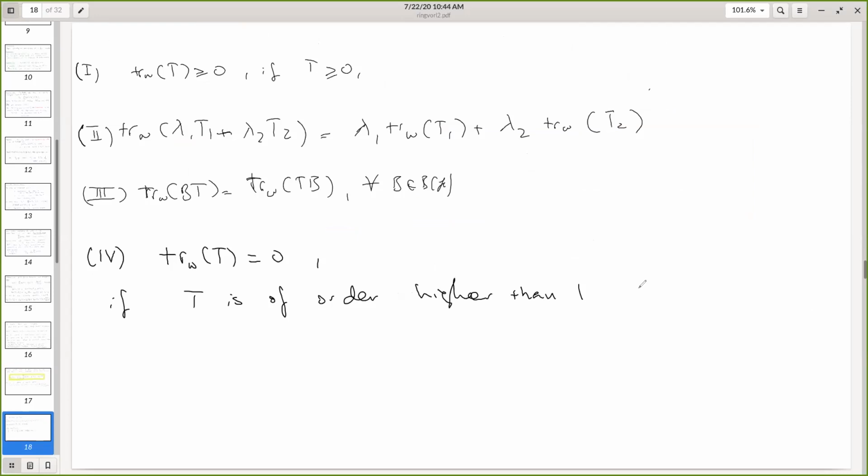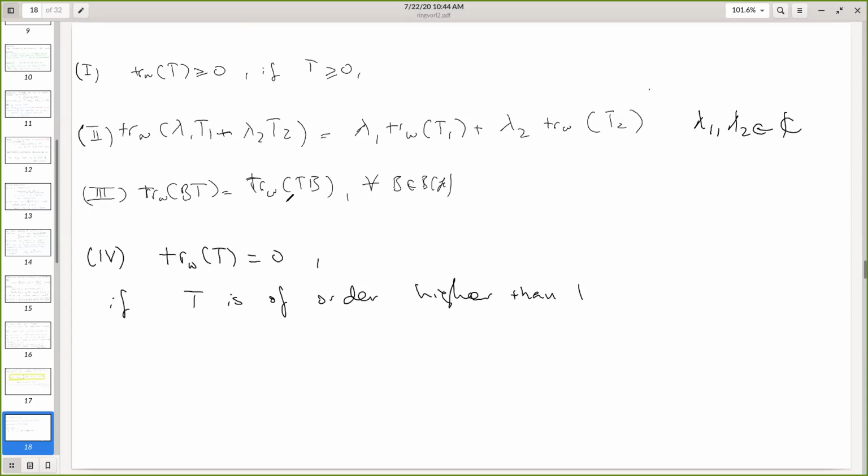Moreover, the trace of T is greater or equal than 0 if T is greater or equal than 0. And the trace of λ1 T1 plus λ2 T2 is equal to λ1 trace of T1 plus λ2 trace of T2, so this is linear with respect to constants λ1, λ2 that are elements of C.